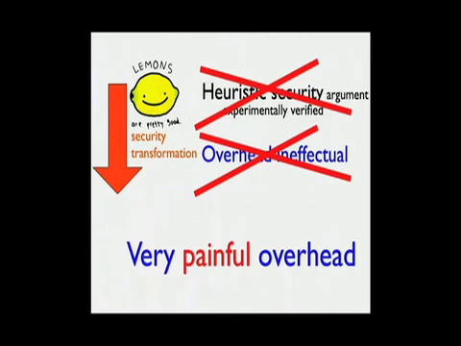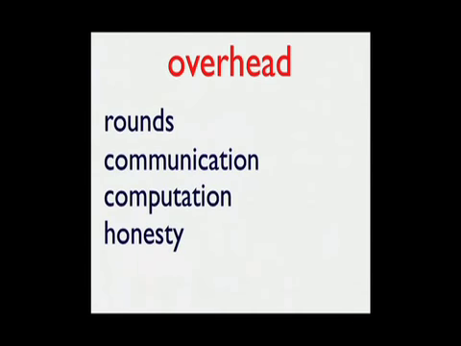So what kind of overhead am I talking about? When you make the security transformation, you might add rounds to your protocol. So if before your protocol was just I send a message and I receive a message, after the transformation it might be I have to send n messages and you have to receive n messages one after the other. That could be one. Another thing, you increase the amount of communication you have to do, or you increase the amount of computation that you have to do, or you require in your protocol honesty.